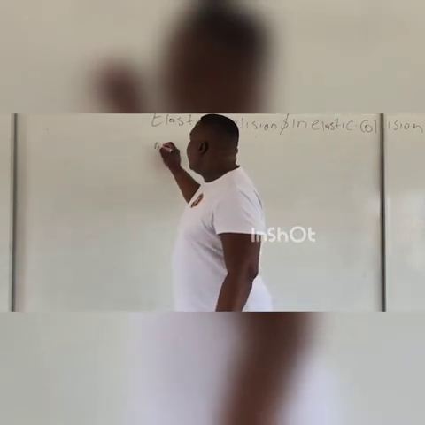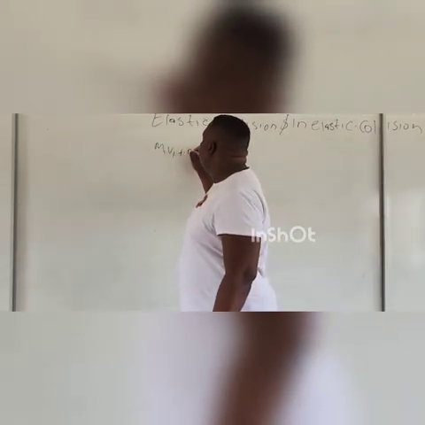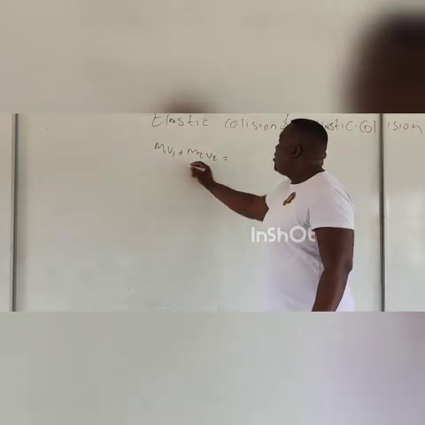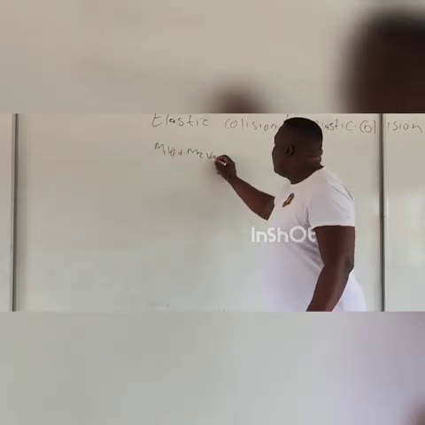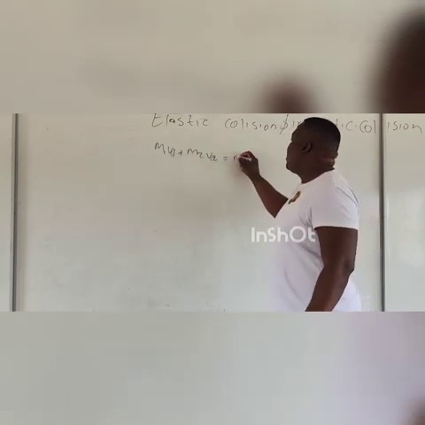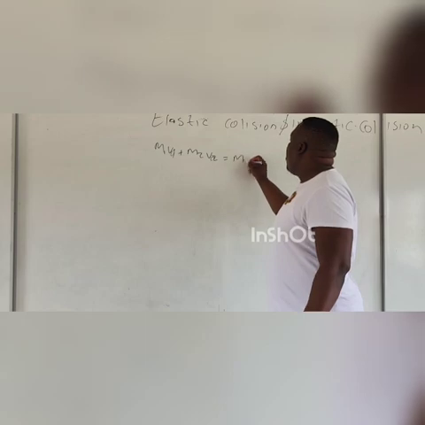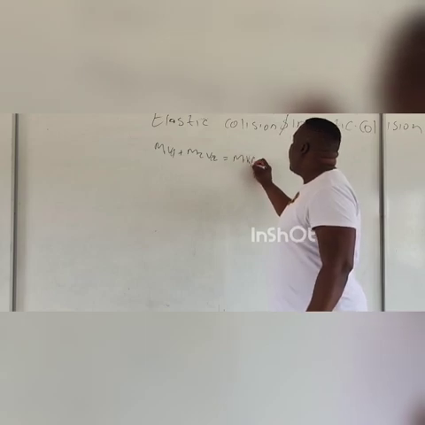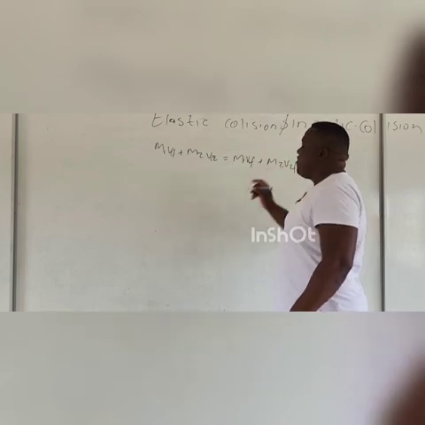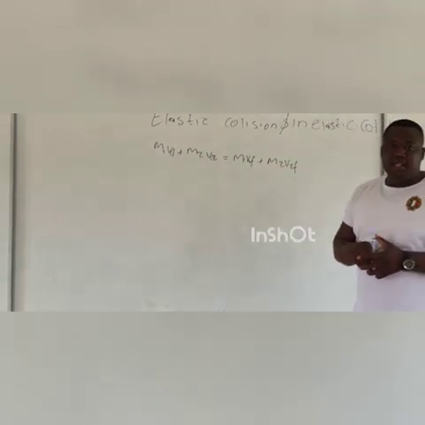It is written as m1 v1 plus m2 v2 is equal to, these are the initial momentum during the initial stage, m1 v1f plus m2 v2f, the final momentum, right?